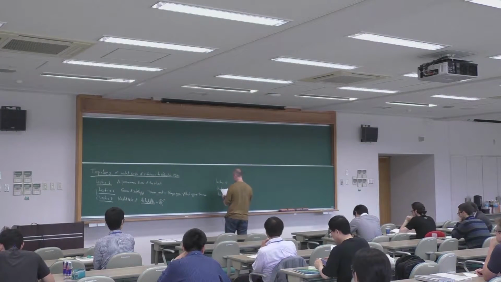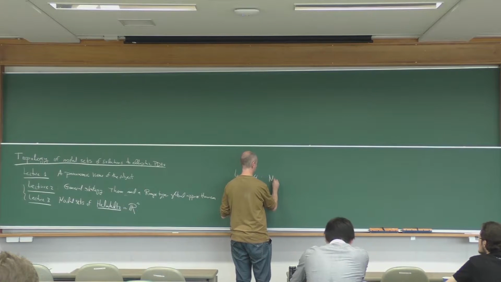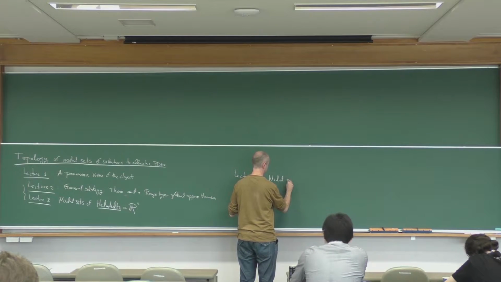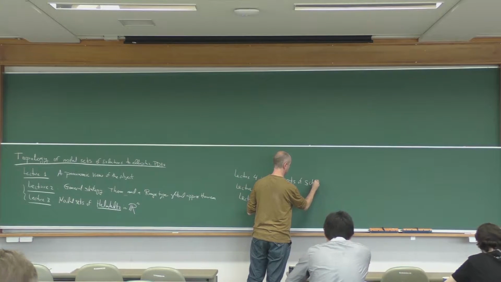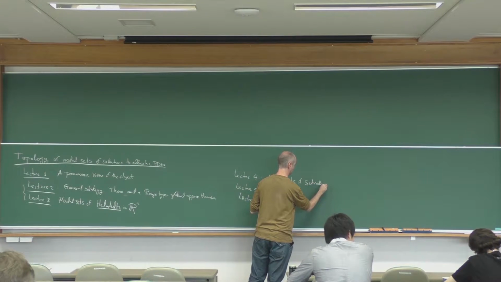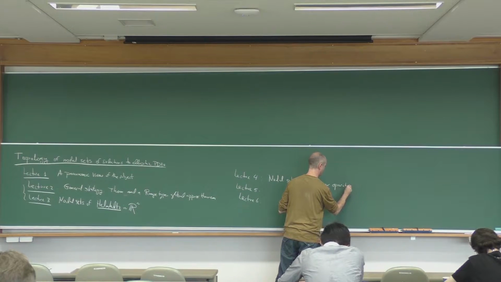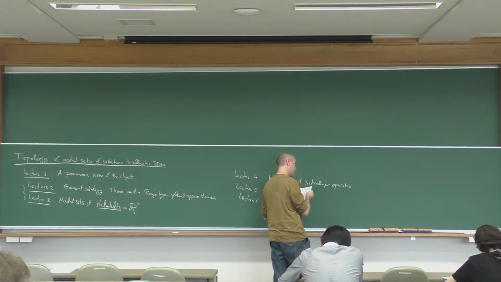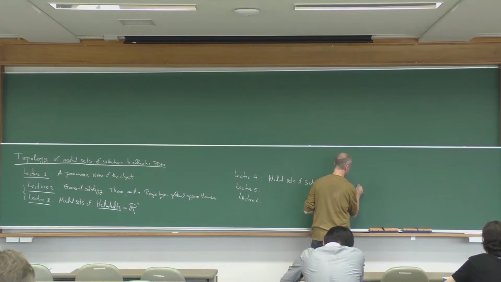So lecture 4 is an application to the nodal set of some Schrödinger operators. And here again our model will be the quantum harmonic oscillator.